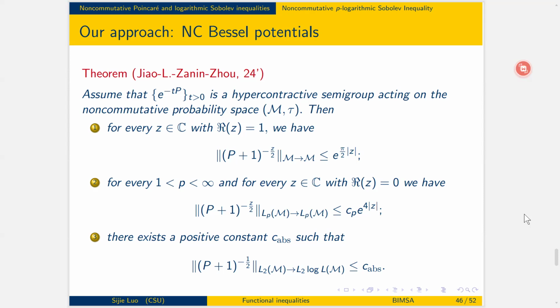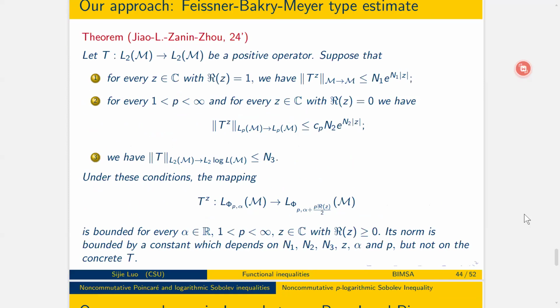This is our result first, for hypercontractive semigroups. Then if an operator satisfies these conditions, we get the result not only from L2 to L2 log L, but always from L^p to L^p log L with some power of log L, for general p strictly bigger than 1.